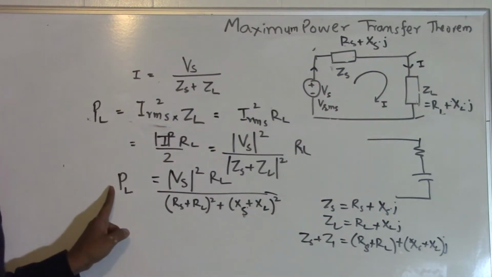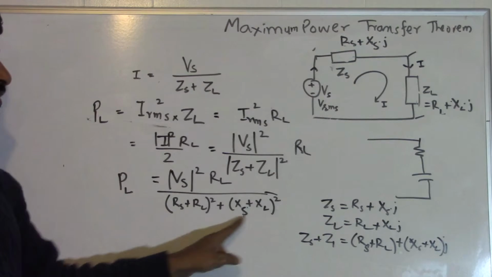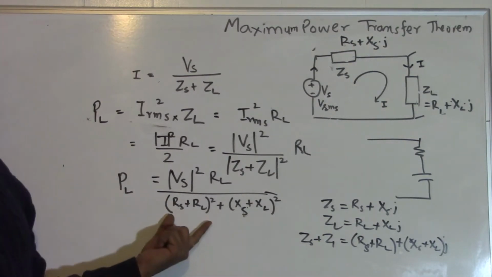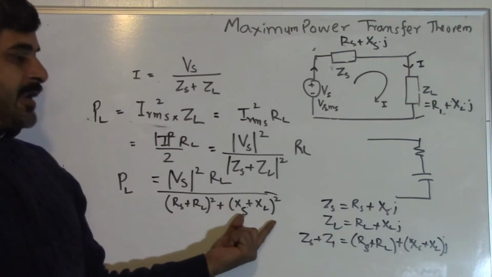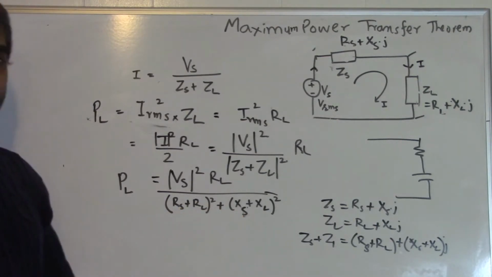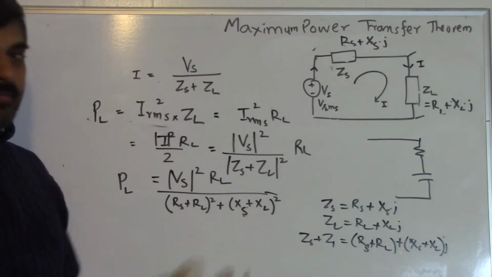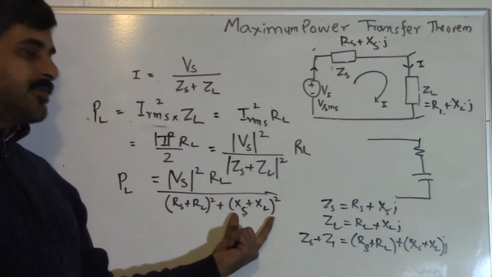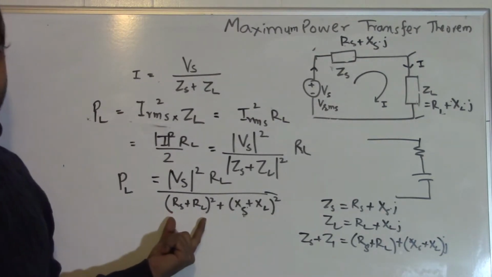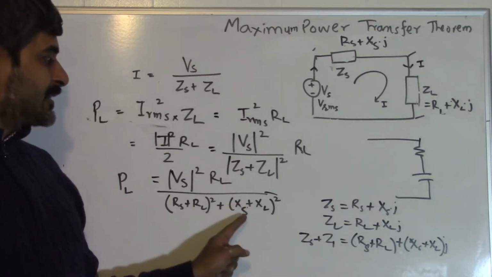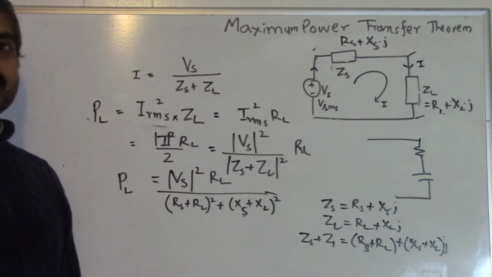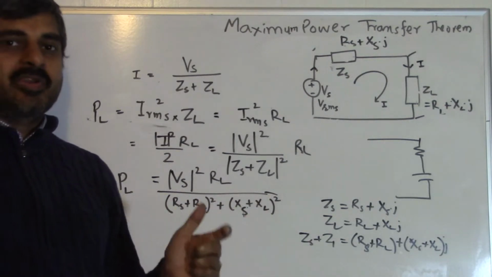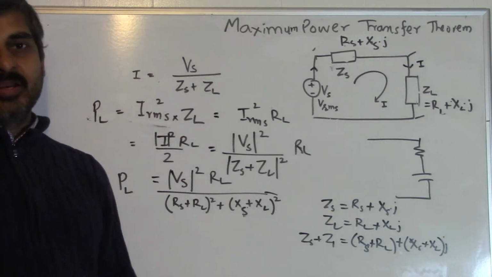And how can we maximize it? To maximize this, we need to minimize this term. This term has two square terms, (Rs + RL)² and (XS + XL)², which means that these two terms must be individually minimized. For this term, XS and XL, there is a possibility that they can have different positive and negative directions.